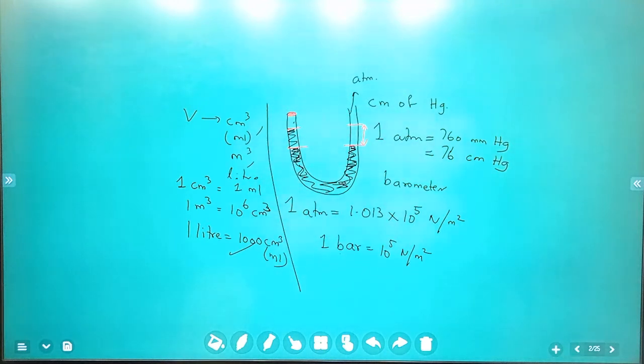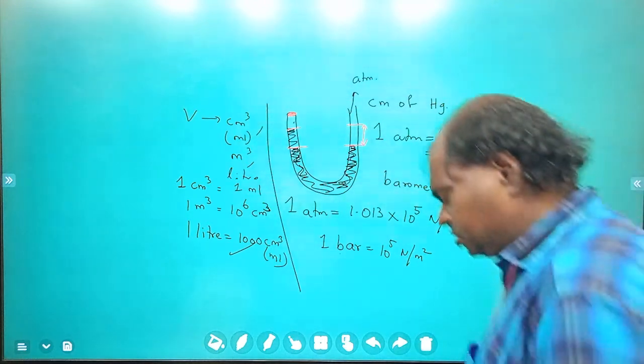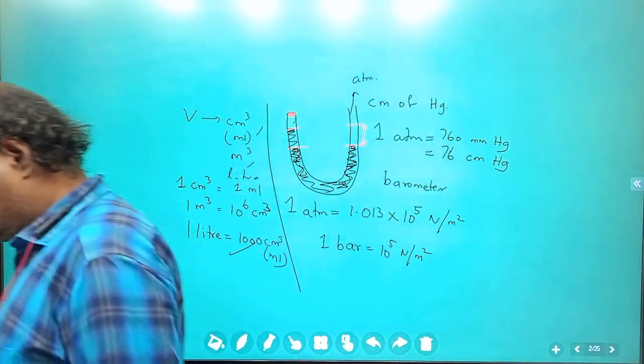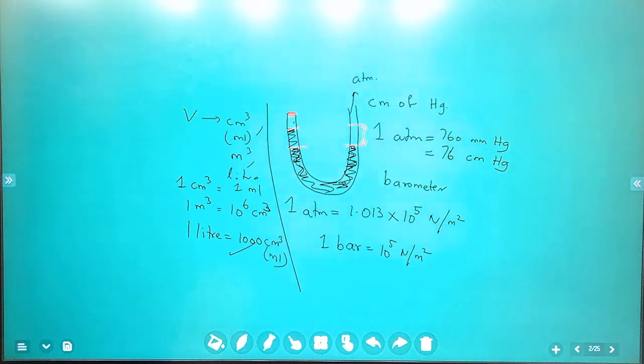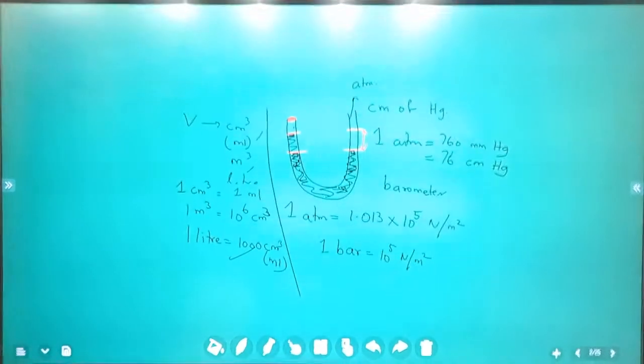So when you are doing sums, you will make use of this, right? Clear? So you can have all these units. Please learn it by heart.